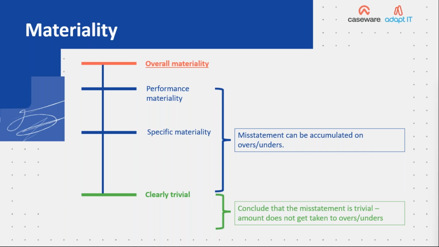Let's assume that we do a testing and identify a misstatement of 50,000 Rand. You would agree with me, based on all the conditions I've given to you, this 50,000 Rand is above trivial misstatement, because our trivial misstatement is at 30K.